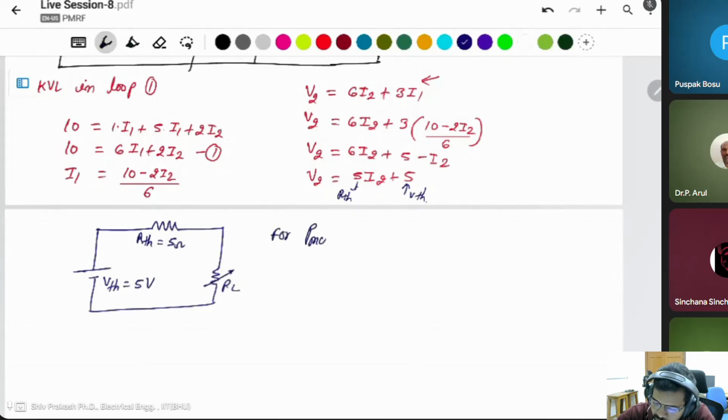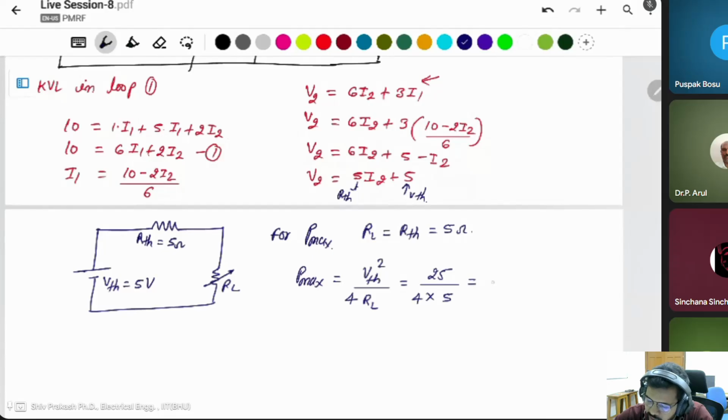For maximum power, RL is equal to RTH, which is 5 ohm, and Pmax is equal to VTH square divided by 4 RL. VTH is 5, 5 square is 25 divided by 4 into 5. This will be 1.25 watt.